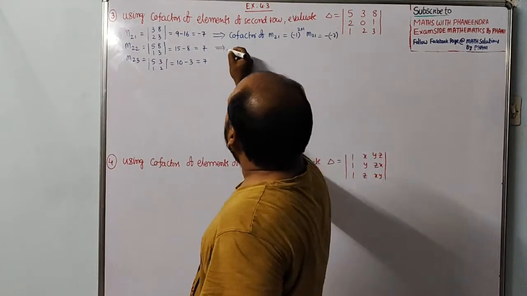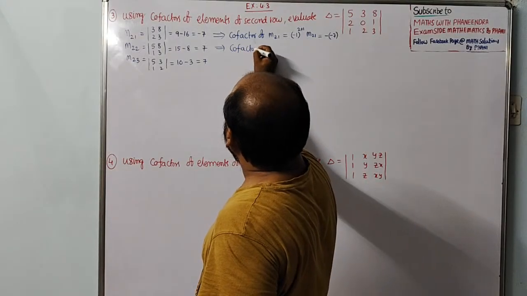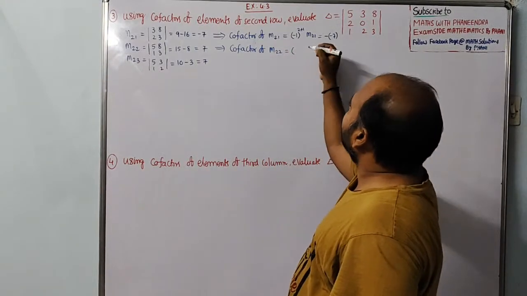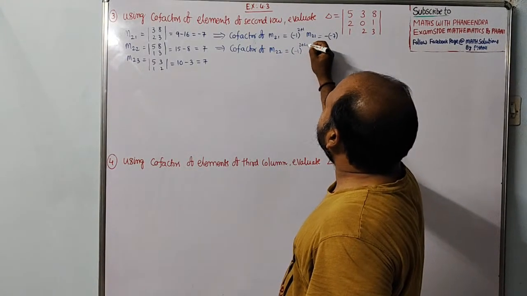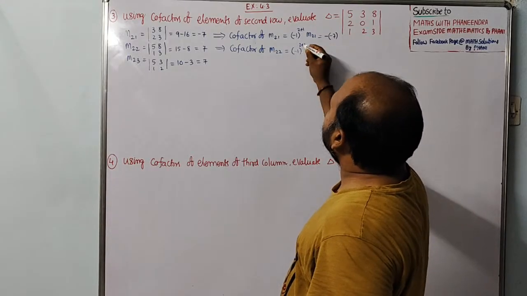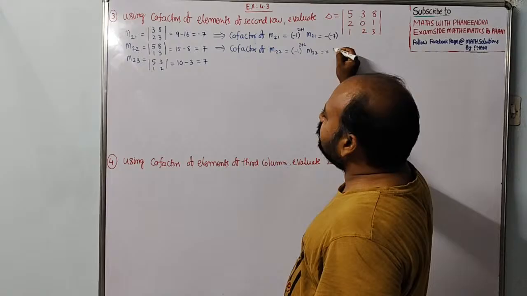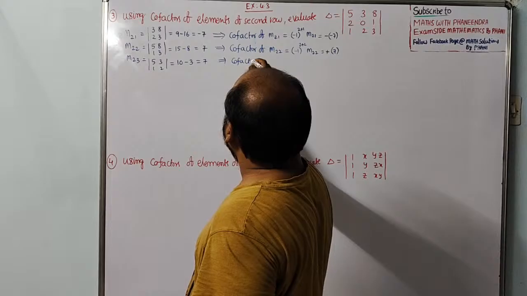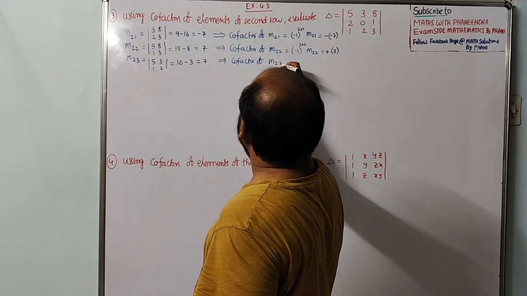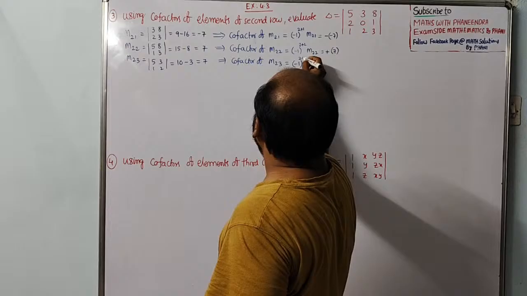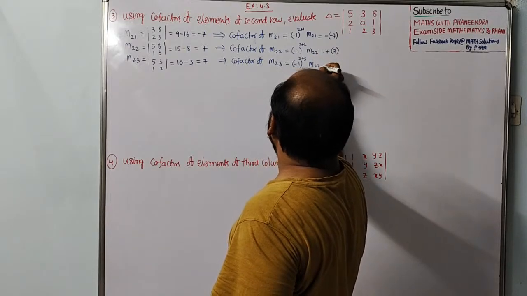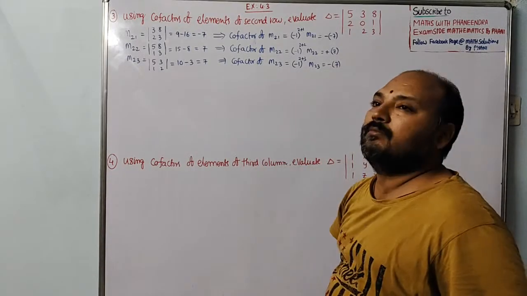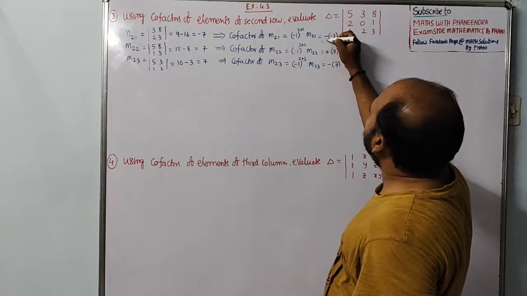Next, cofactor of M22 is minus 1 whole power 2 plus 2 times M22. Minus 1 whole power 4 is positive, and the M22 value is 7. Next, cofactor of M23, second row, third column, is minus 1 whole power 2 plus 3 into M23, so minus 7.